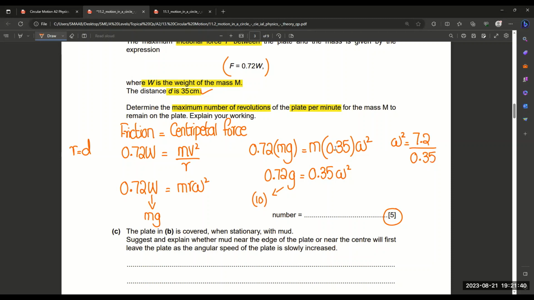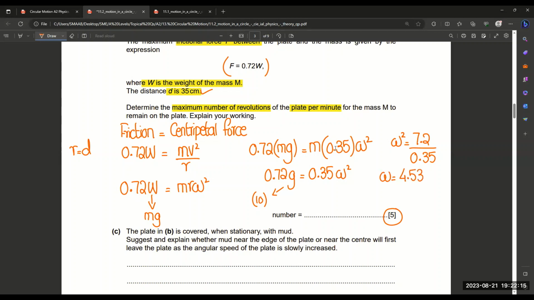So you need to divide the values and then we just take the square root of it. 4.53. So your final answer will be equal to 4.53 after taking the square root, right?